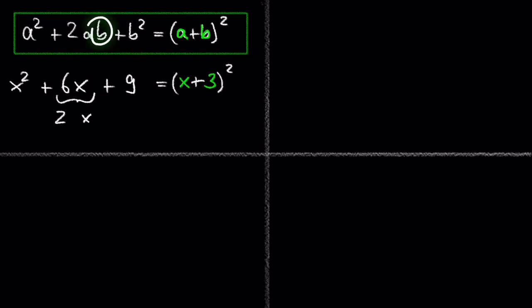Times b, which is 3, is 2 times 3x, which is 6x. In other words, we can write our trinomial x squared plus 6x plus 9 as (x plus 3) squared, which is (x plus 3) times (x plus 3).